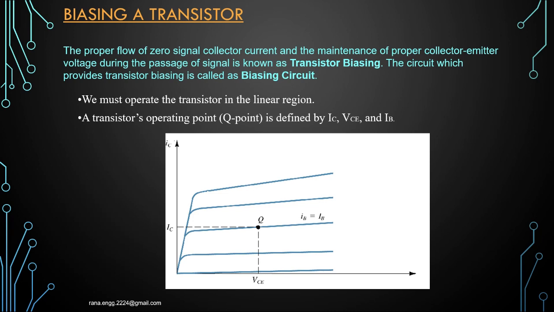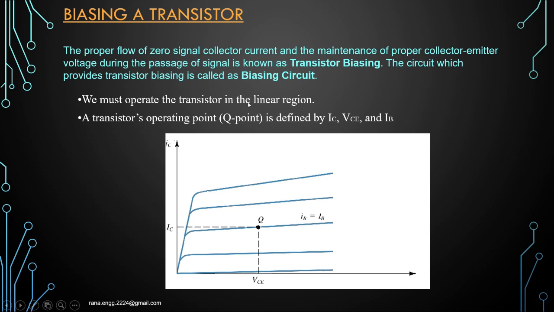For getting the proper flow and the proper mode, we have to decide how much voltage or resistance we have to give in the circuit. That particular condition is called transistor biasing. And the circuit which uses proper voltages and resistances is called a biasing circuit, right?